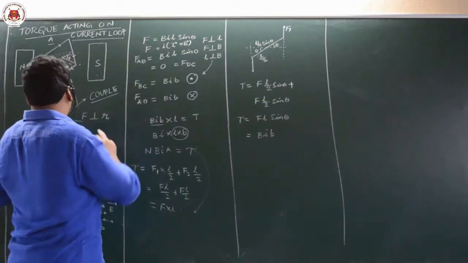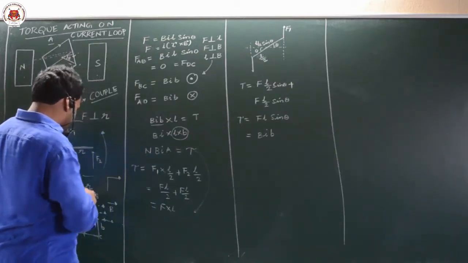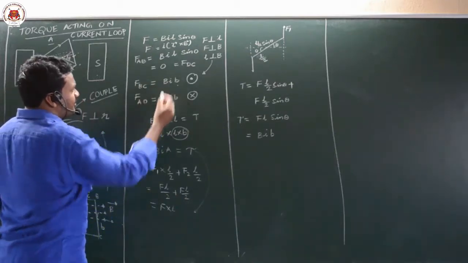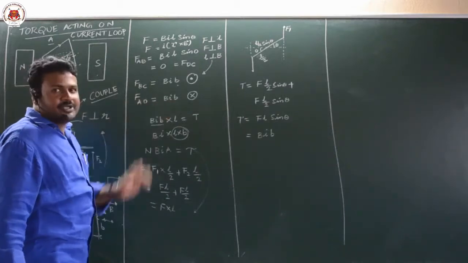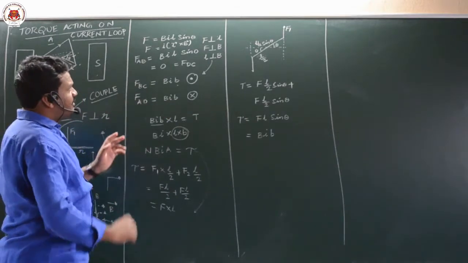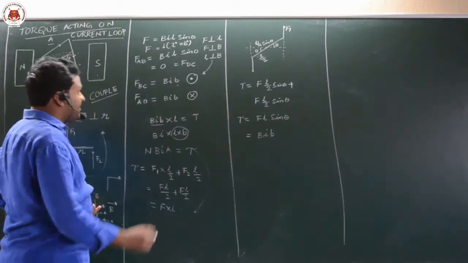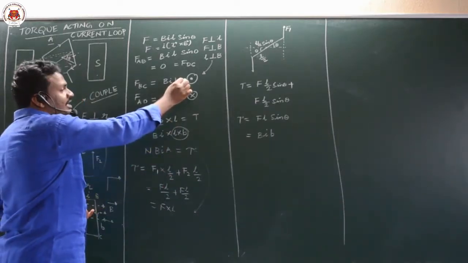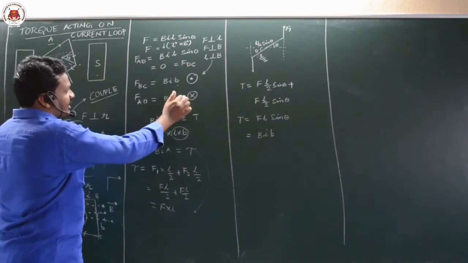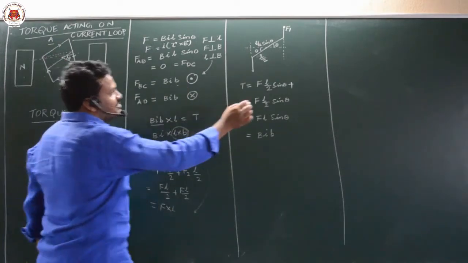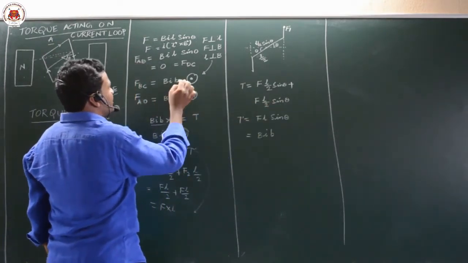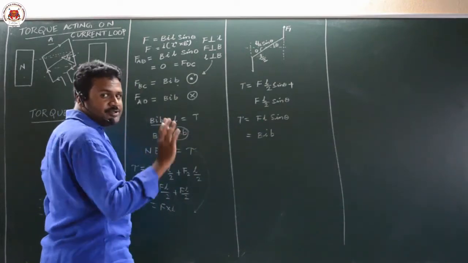Here F1 and F2 are acting, force on BC is BIB, force on AD is BIB. Only thing is, earlier we took sin theta as sin 90, but here theta remains. The only difference is BIB sin theta will be there.